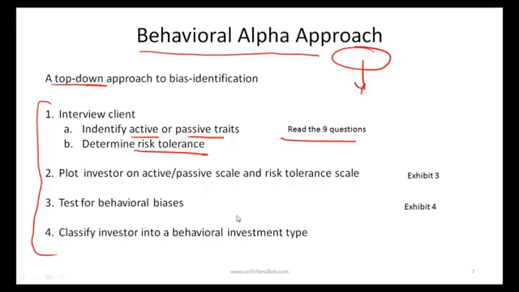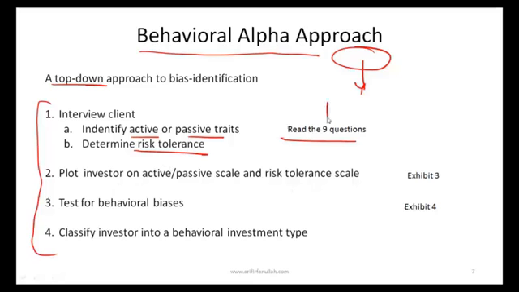As a memory tool, if you answer these questions for yourself, that will help you sort of register this information better. Okay, now notice the following. If you look at step 2 and exhibit 3, this says plot investor on active passive scale and risk tolerance scale.